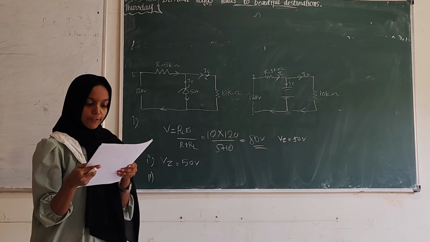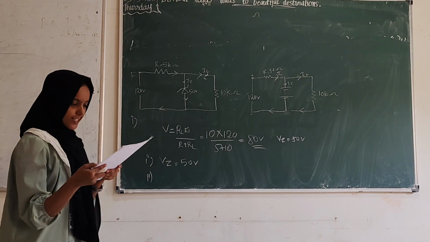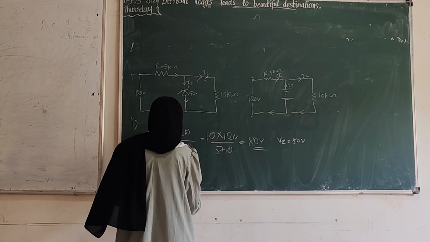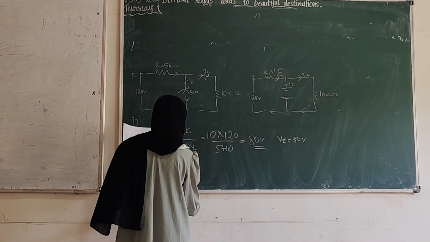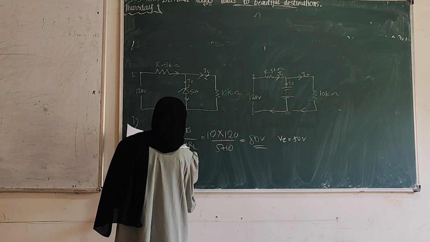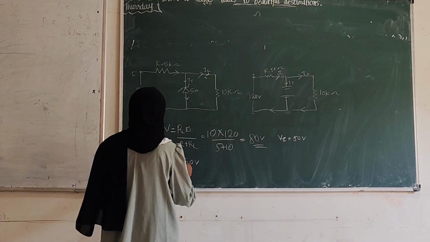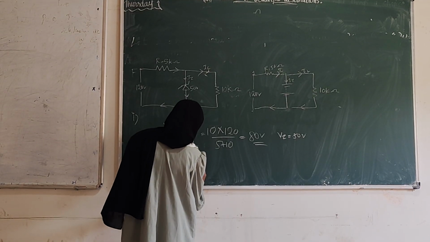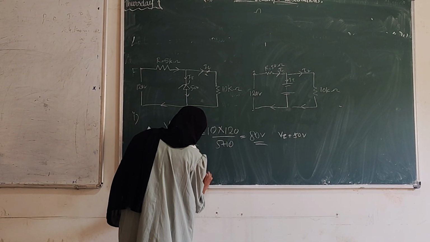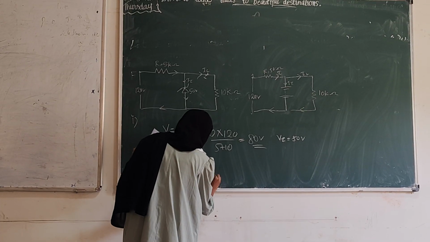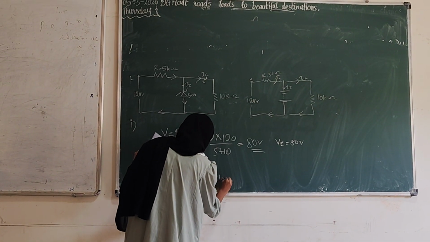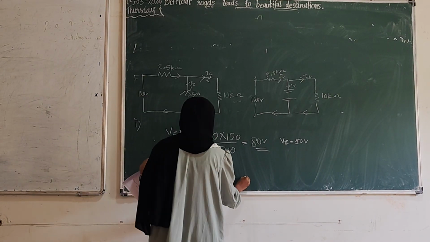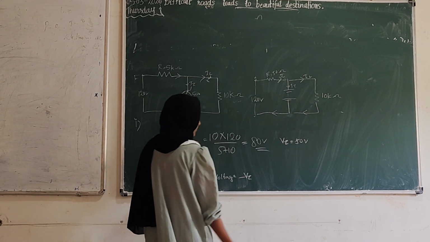Second question, the voltage drop across the series resistance. That is VR, which is the input voltage minus VZ.